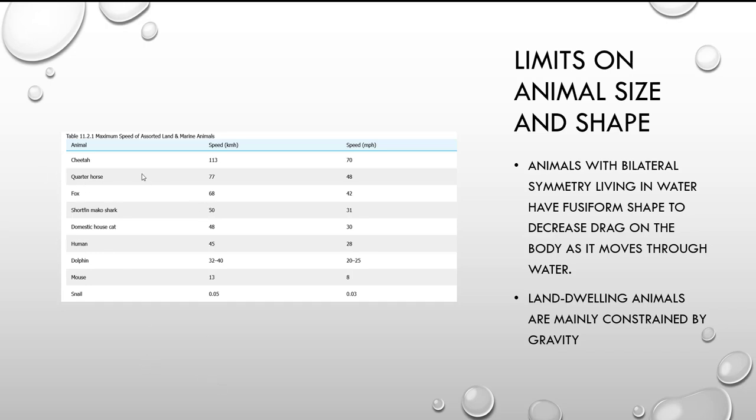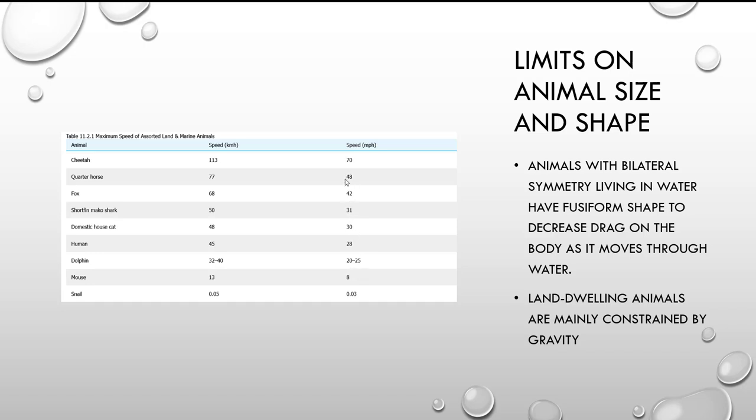We know that the cheetah is the fastest animal as far as a land-dwelling creature. It can run the fastest, reaching maximum speeds of 70 miles per hour. Whereas a shortfin mako shark can reach about 31 miles per hour when it's swimming. Okay, dolphins about 20 to 25 miles per hour.